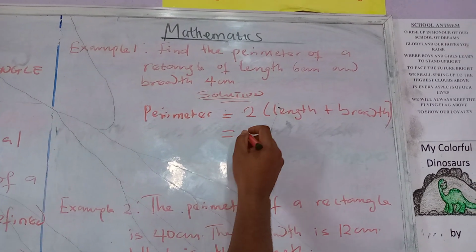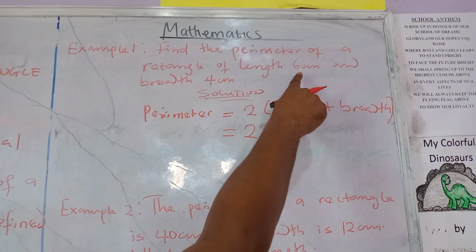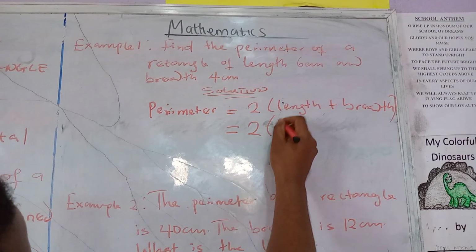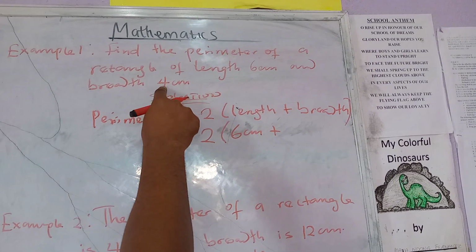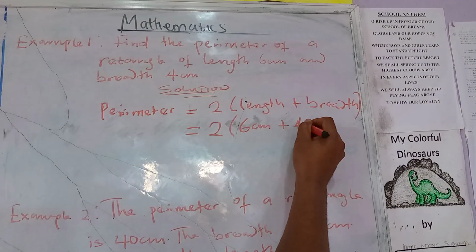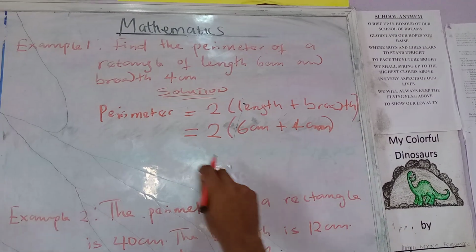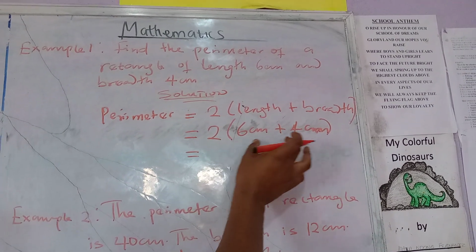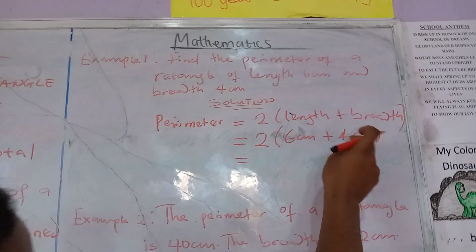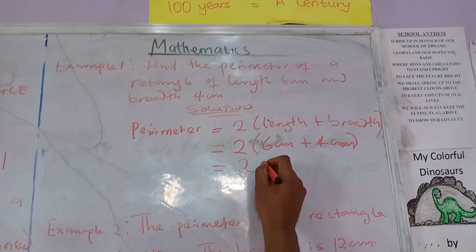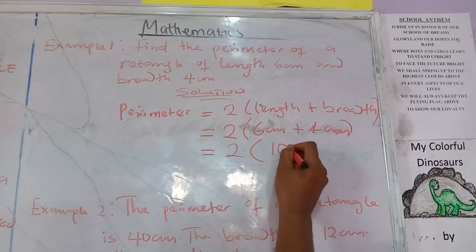Which is equal to 2 into bracket. What is our length in this question? Our length is 6 centimeter, plus what is our breadth? Our breadth here is 4 centimeter. So you first manage what you have inside the bracket before you come outside. 6 plus 4 will give you 10 centimeter.